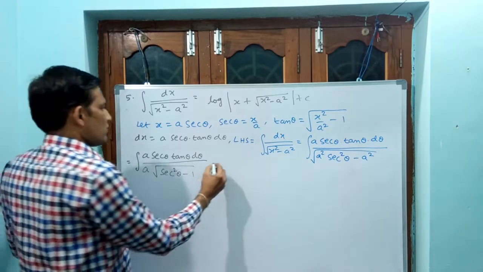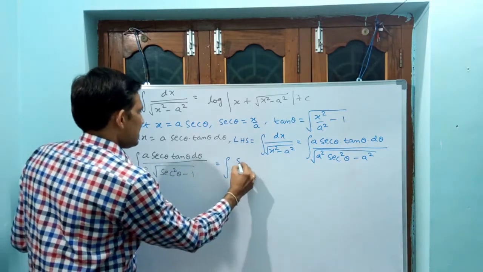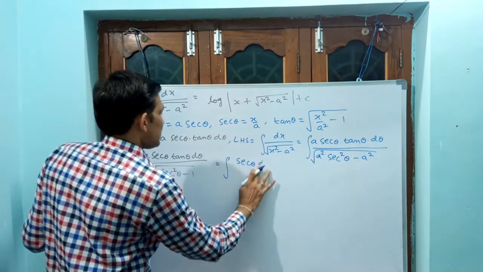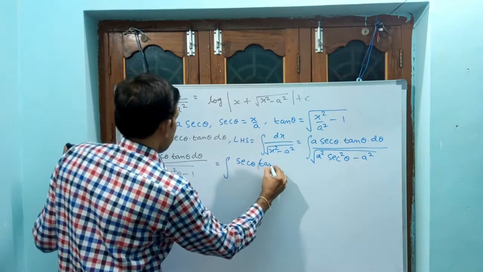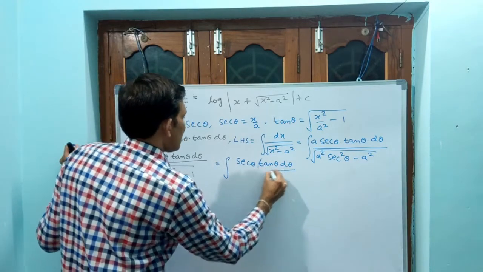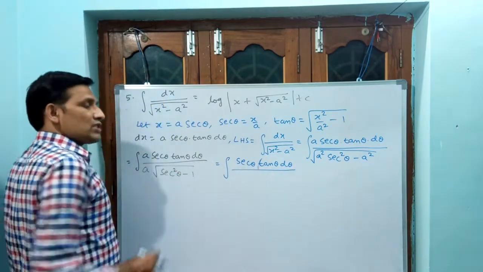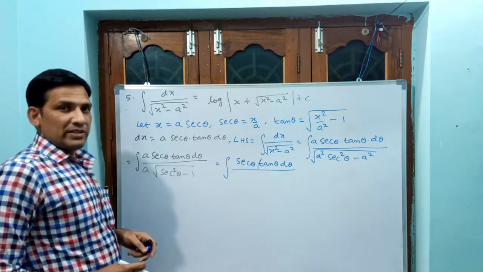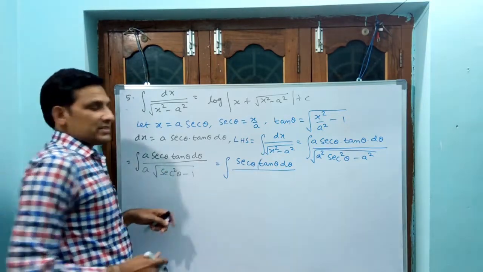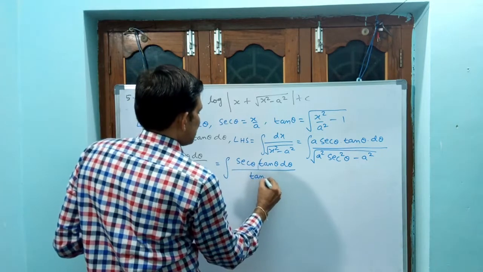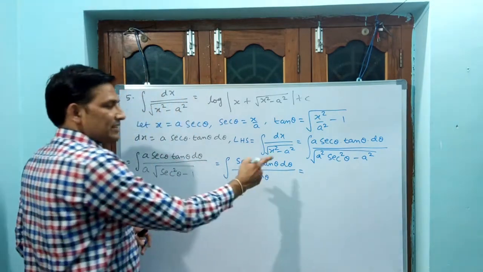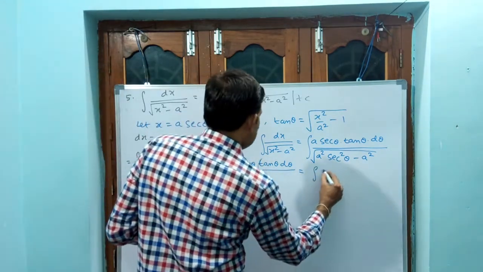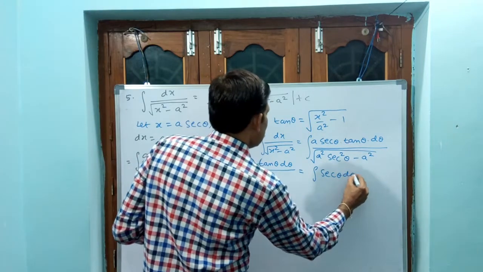A got cancelled, you think. Integral secant theta tan theta d theta divided by square root of secant square theta minus 1, which is tan square theta. Square root of tan square theta is tan theta. Tan gets cancelled. Integral secant theta d theta.